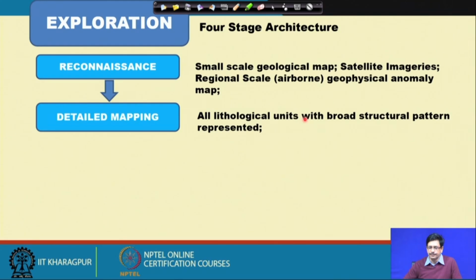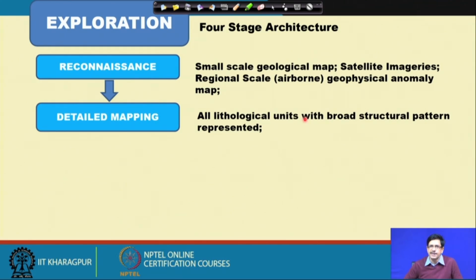As you have seen before, the different types of structures that are present in the rocks, and the different generations of structures, play an important role in localization of ore bodies.